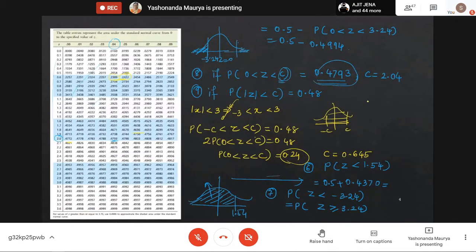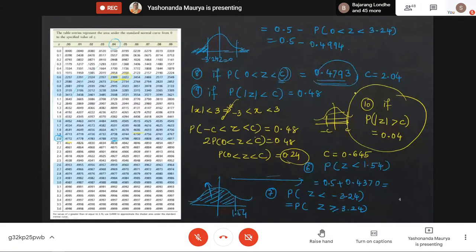The next problem, the 10th one, is find C if the probability is equal to 0.4793.